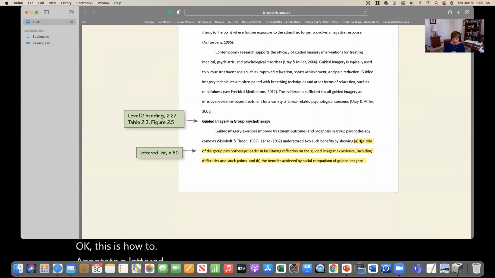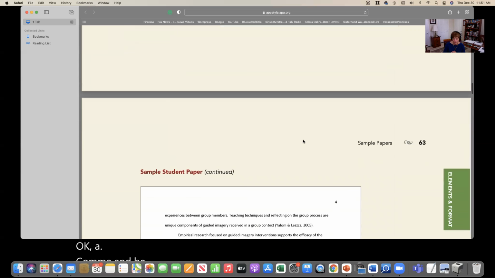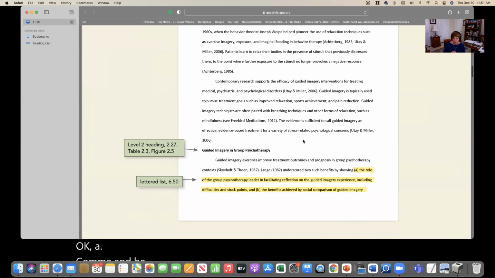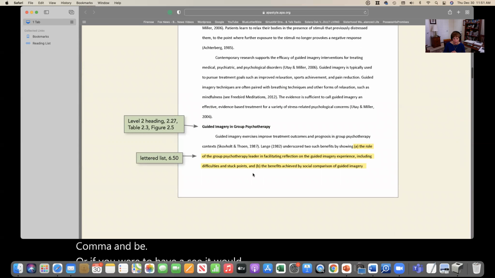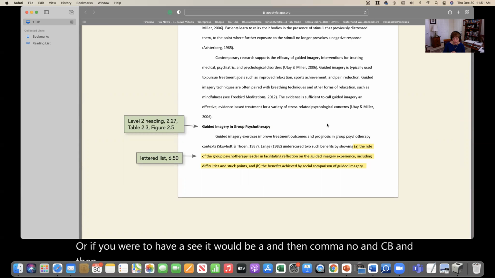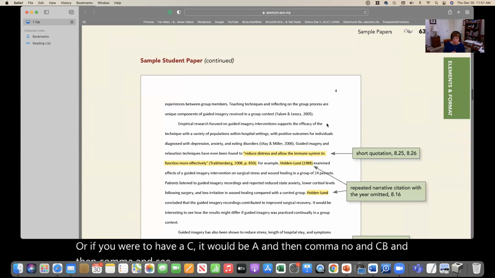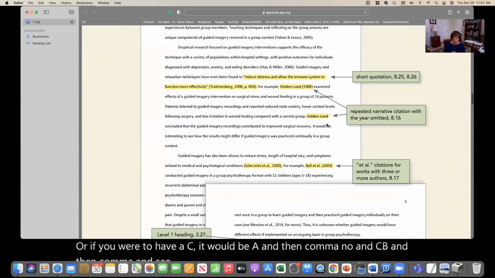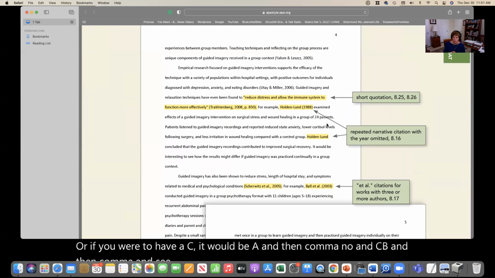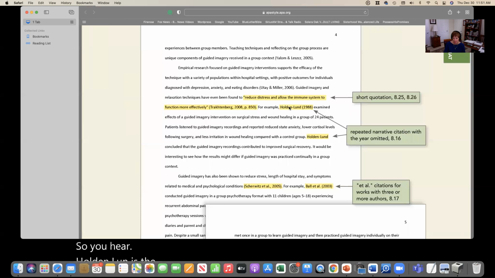A, comma, and B. Or if you were to have a C, it would be A, comma, B, and then comma, and C. Oh, okay, here, Holden Lunn is the source, and it was written in 1988.